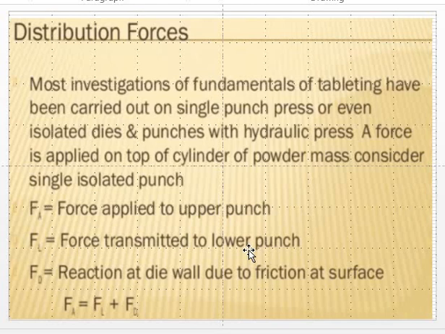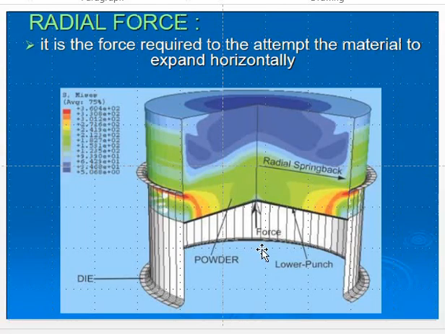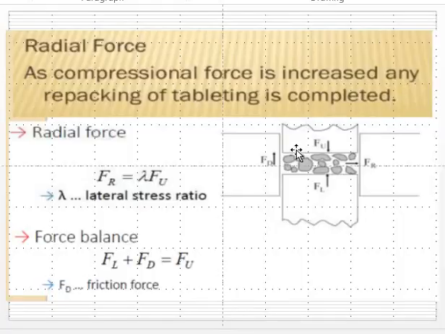The force Fa is applied by the upper punch, Fl is transmitted to the lower punch, and Fd is the reaction at the die wall due to friction at the surface. This is the distribution of force in the total die cavity. This is your die cavity, this is your upper punch giving the pressure, and the response from the lower punch comes to the upper punch. These are the radial forces.